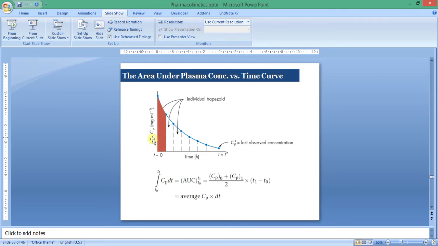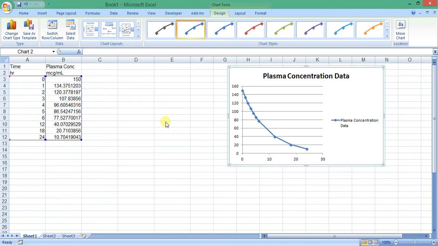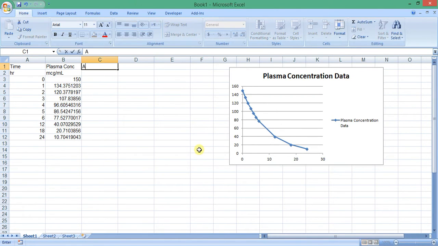So this will be the area of the first trapezoid. Let us calculate it using Excel. Area. The unit of the area is the unit of plasma concentration multiplied by the unit of time, microgram hour per milliliter.